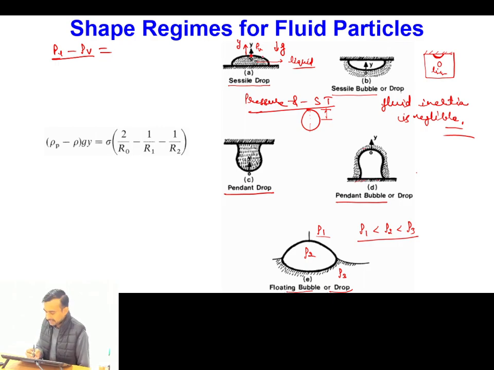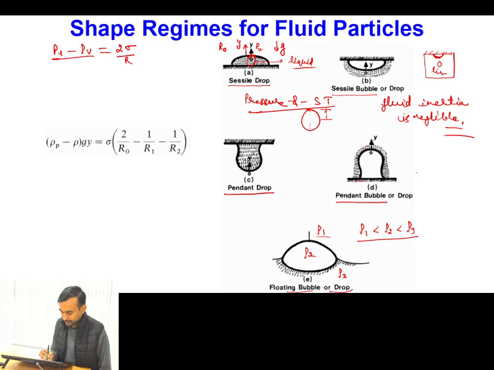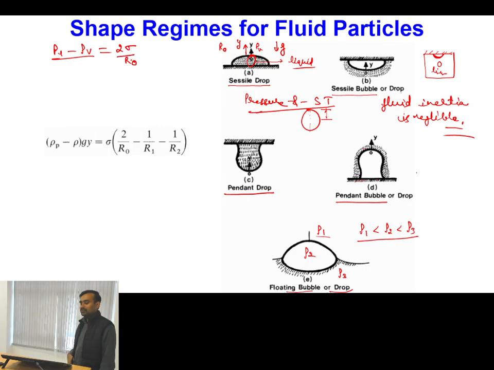If it is symmetric at this point, then its mean curvature in this direction and the other direction will be the same. So let me consider that the mean curvature at this point is R0. Then P liquid minus P vapor will be nothing but equal to 2 sigma over R0. All are clear with this point?